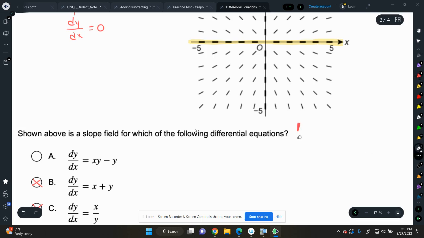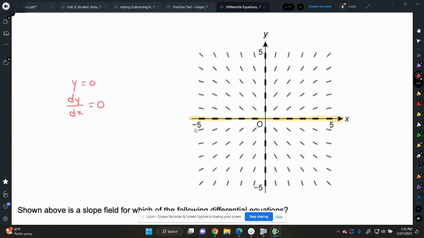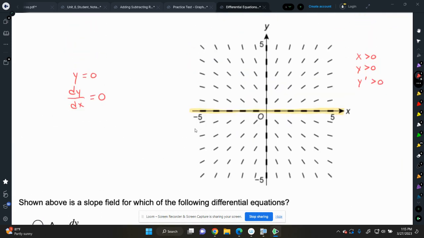So I'm not clear. What I did, I'm looking at it, and I'm like, okay, when x is greater than 0 and y is greater than 0, what's dy/dx? Greater than 0. So when they're both positive, we get greater than 0. Let's look at when x is greater than 0 and y is less than 0.